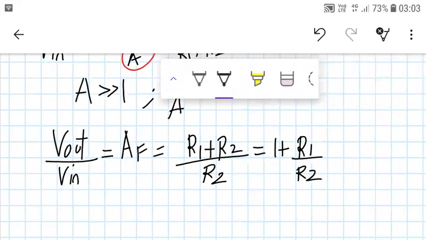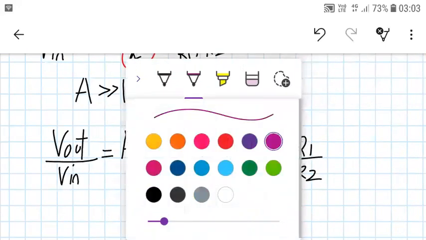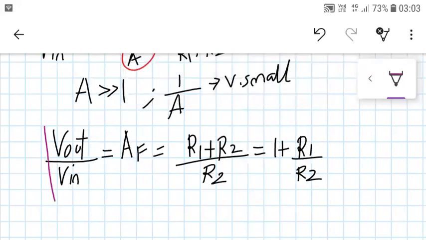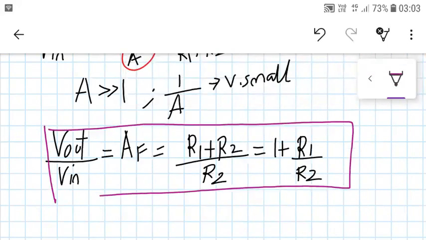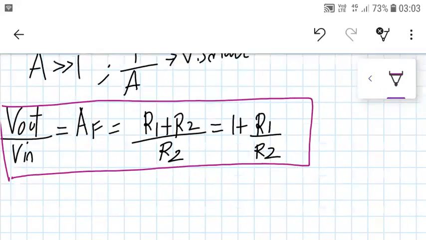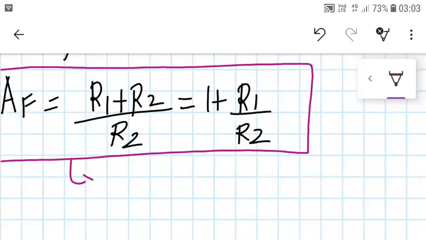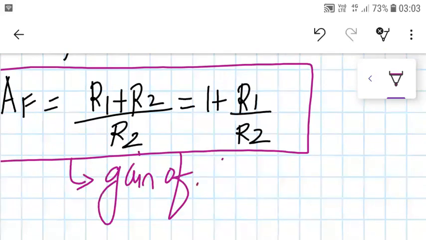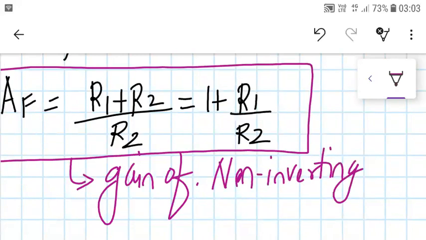So this is my final expression for the gain of the non-inverting amplifier. This is an approximate result.